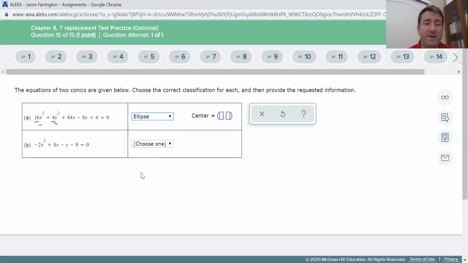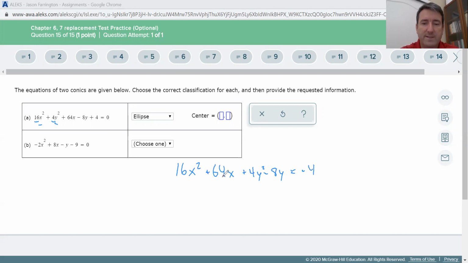And then it asks us to find the center. So in order to find the center, we need to put this into standard form. We need to complete the square. So let's put the x's together and the y's. So we get 16x squared plus 64x plus 4y squared minus 8y is equal to -4.